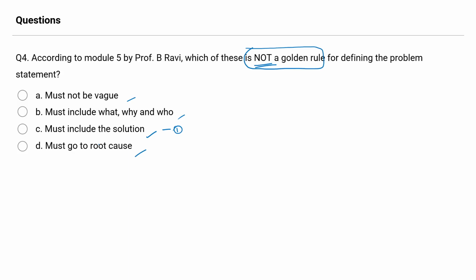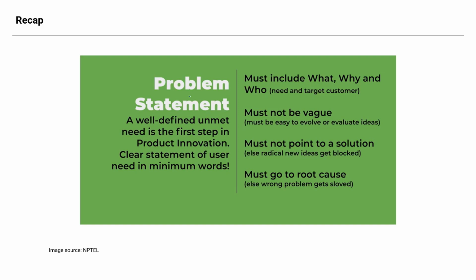All right. Let's do the screen validation to it. Two votes for option C. Okay. Good. Now here it says problem statement must include what, why, and who.